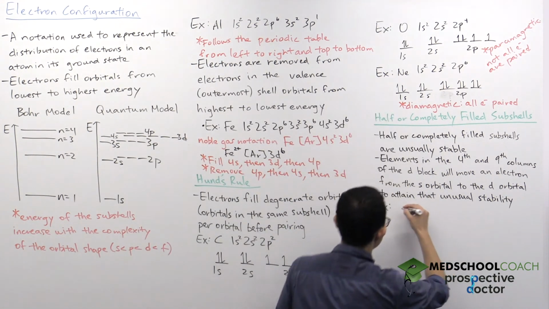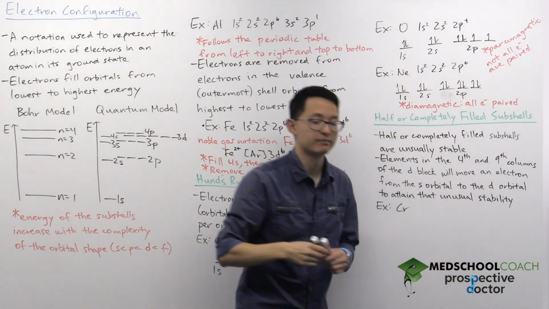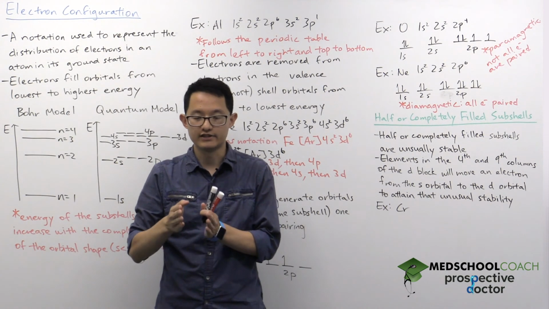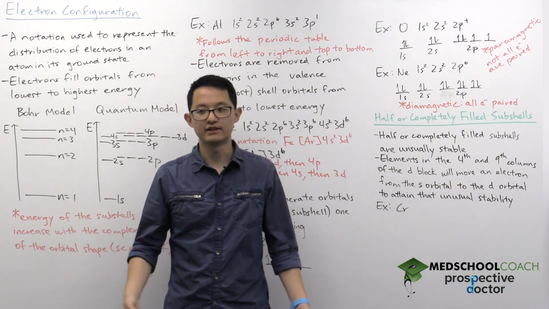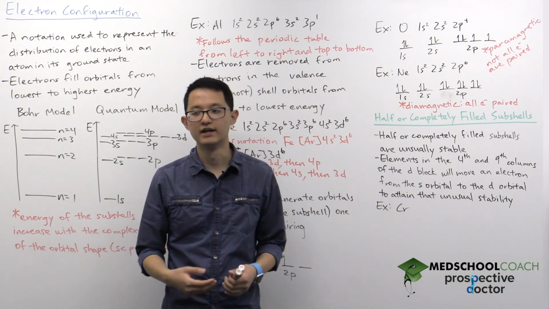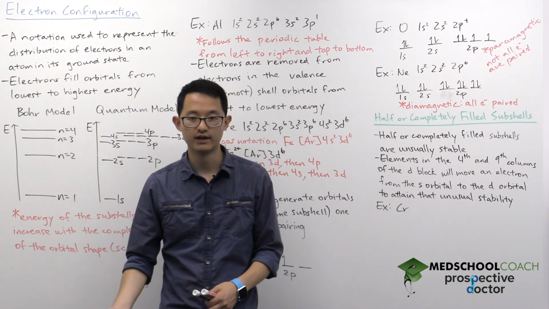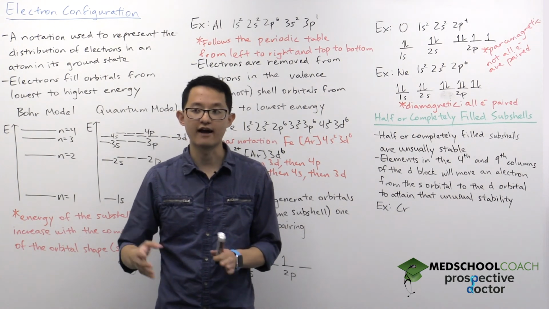So the first example we can look at is chromium. If you take a look at chromium on the periodic table, you can see it's in the 4th slot in the d block. And usually if you look at it, you would think, okay, if I'm following the periodic table, then this species should be argon 4s2 3d4. However, again, remember 3d4 is very close to half filled.